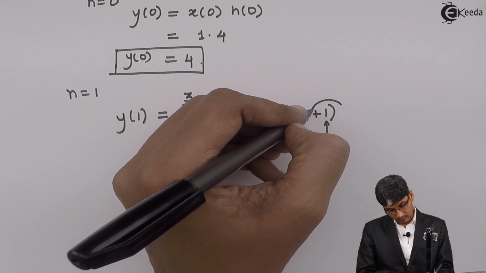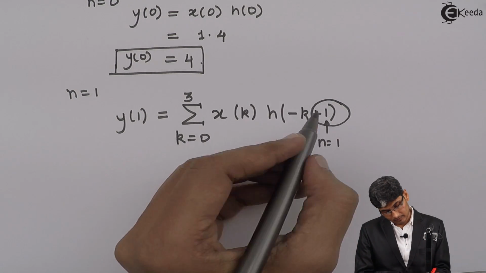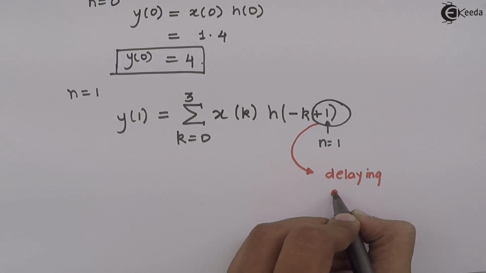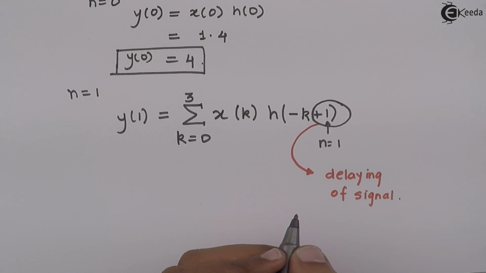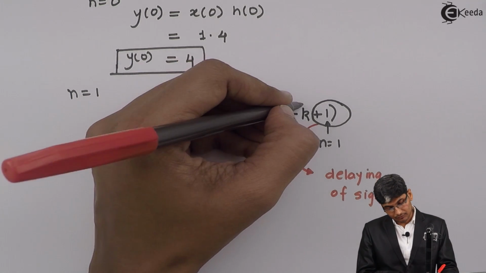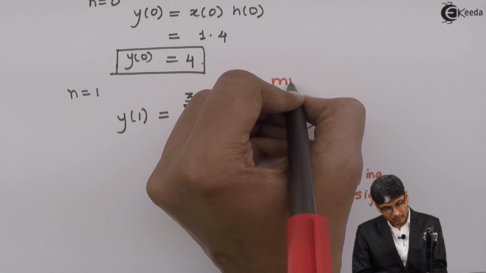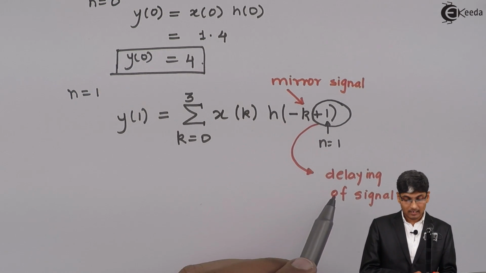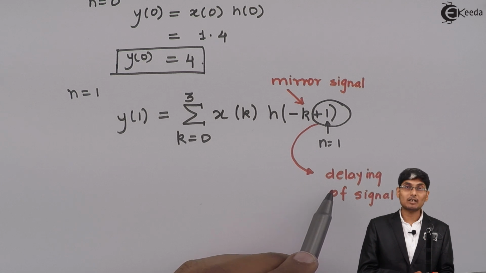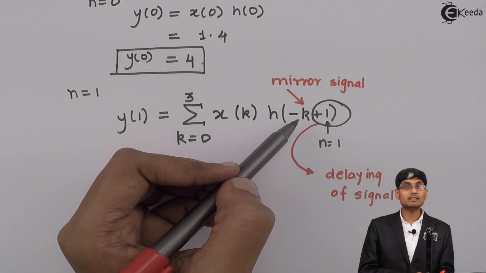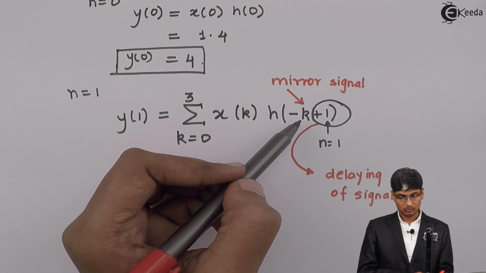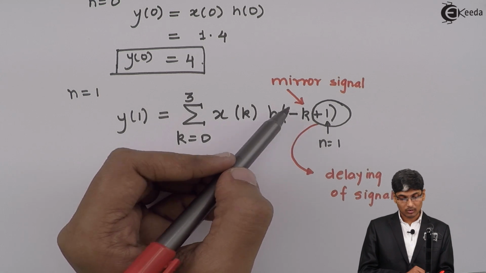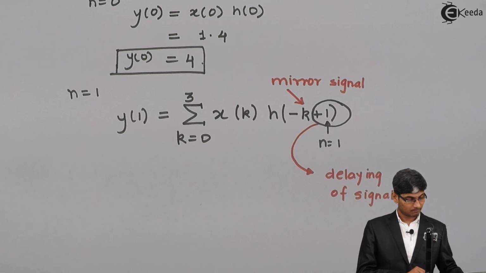Plus 1 is called delaying of signal, because we are shifting a mirror signal. Plus 1 indicates it is a delay of signal. Why? Because we are shifting a minus k or mirrored signal. So, all the properties of signal shifting will be changed because I am shifting a mirrored signal.